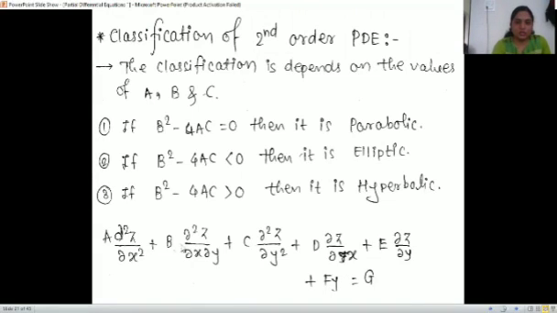If this equation is there, we have to see A, B, and C. All of this depends on these ABC values only.